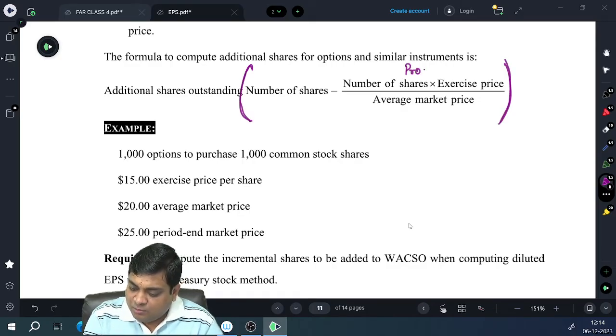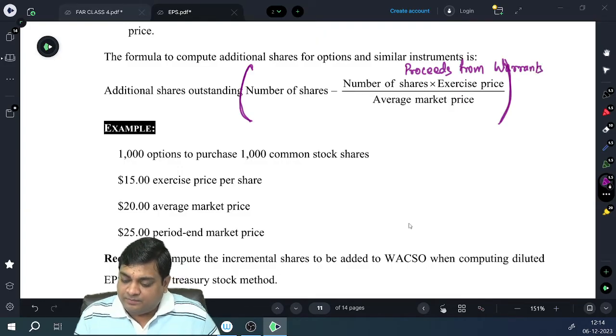This is basically proceeds from warrants, right?